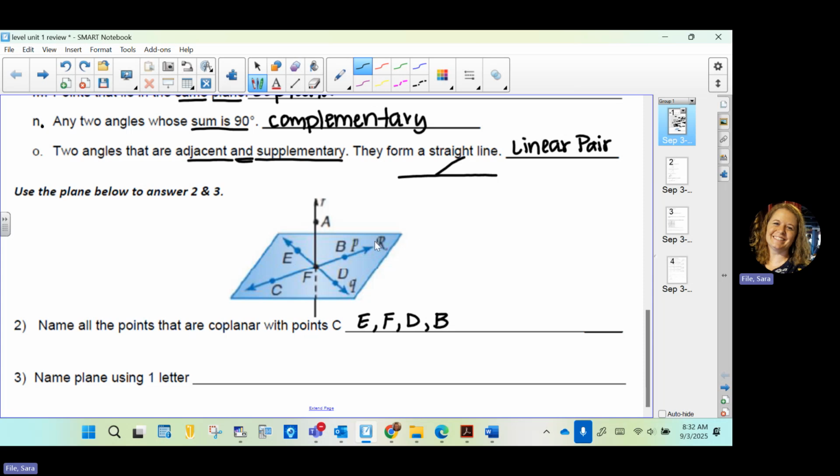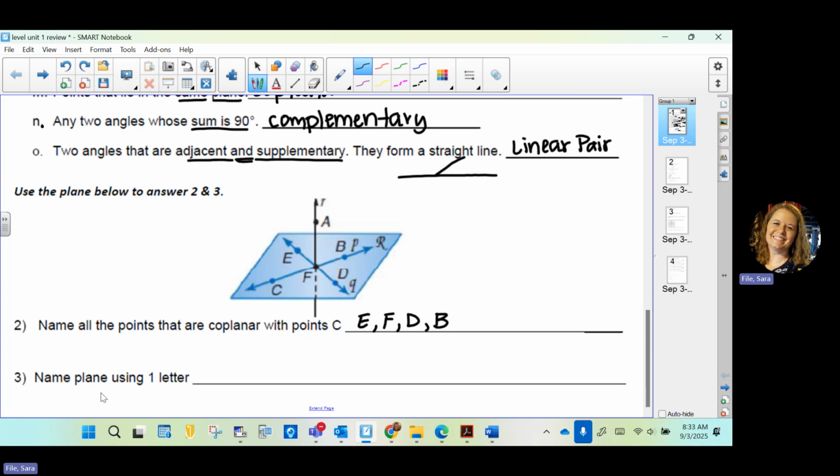Remember, the cursive letters, if they're lowercase, they're naming a line. If they're uppercase, they're naming a plane. So P, R, and Q are not points. A is a point, but is it on that plane? No, it's not. And R is also not a point. It's naming this line. So that's it. Those are the other 4 points that are on this plane R.